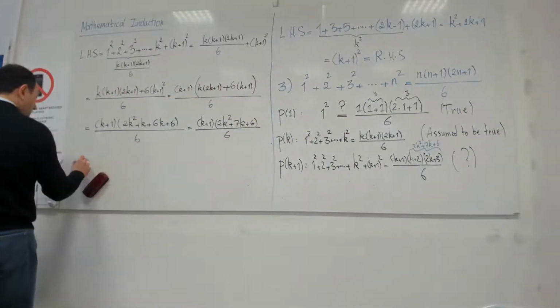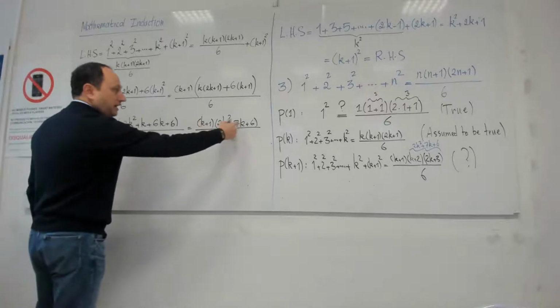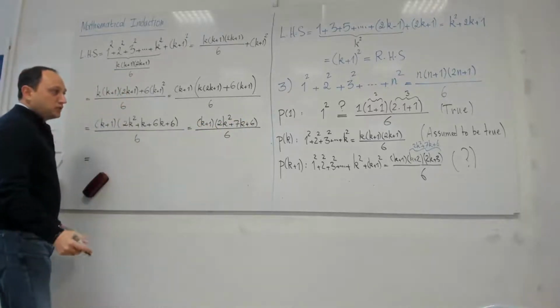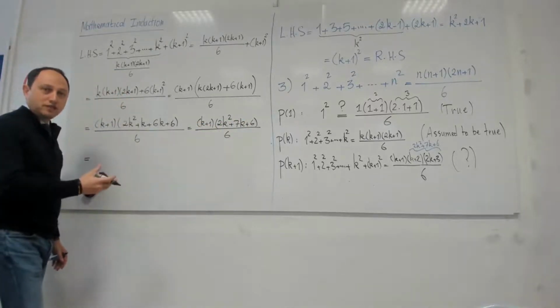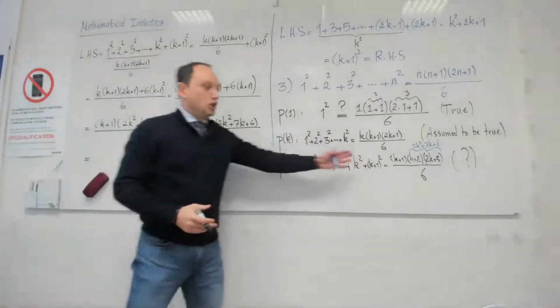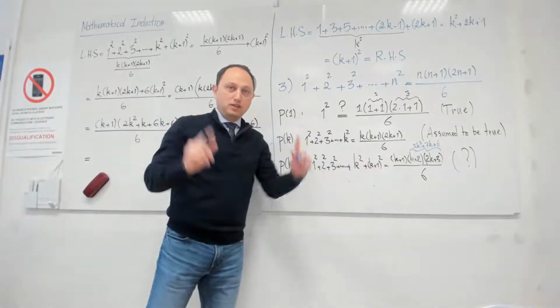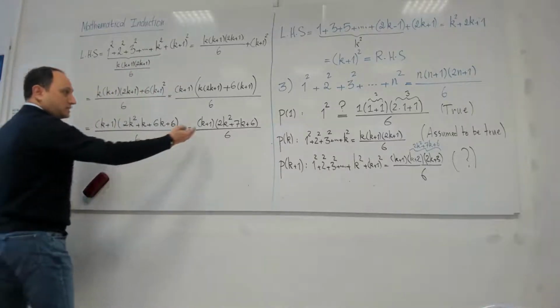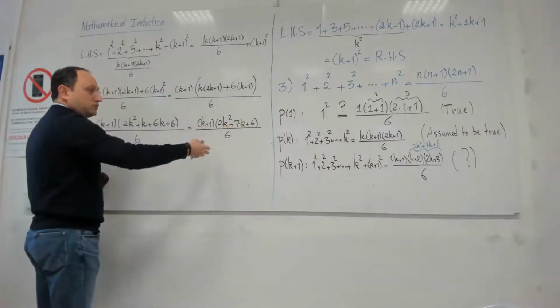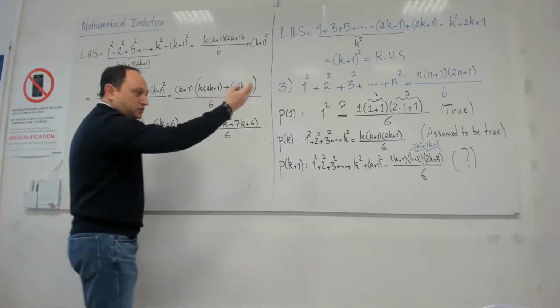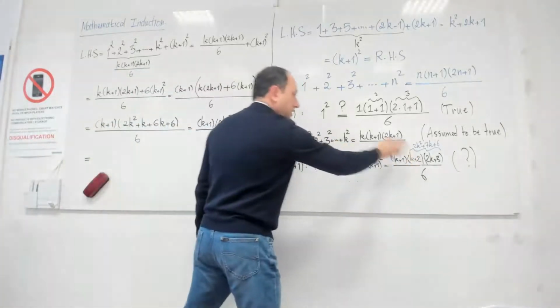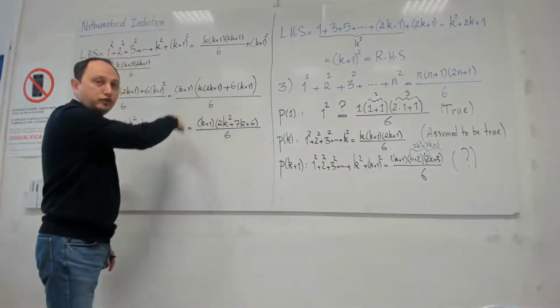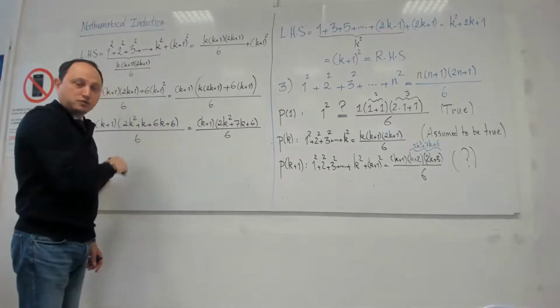If I continue, it means that I factorize this. But I don't need to be very skillful in factorization because I already know what I need to get. What I need to do is just check if that's correct or not. Okay? If I ask you to factorize this, you need to know how to factorize this. But you already have the solution here. If you haven't done any mistakes so far, it means that everything should go smoothly, okay?